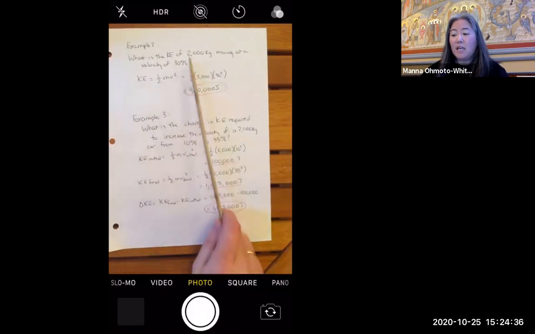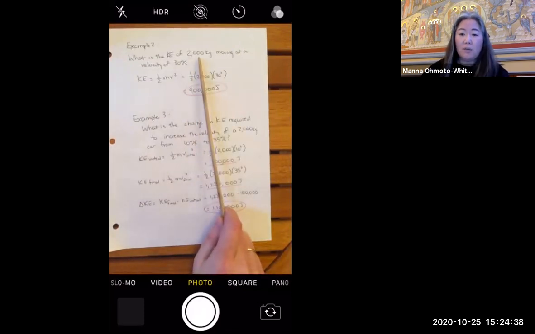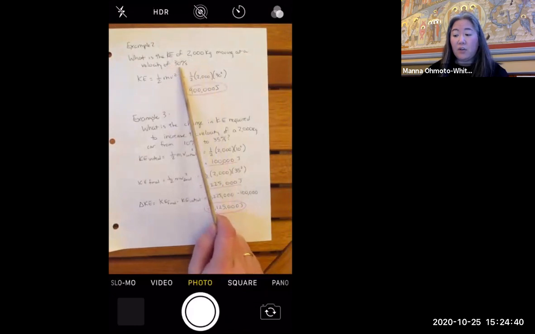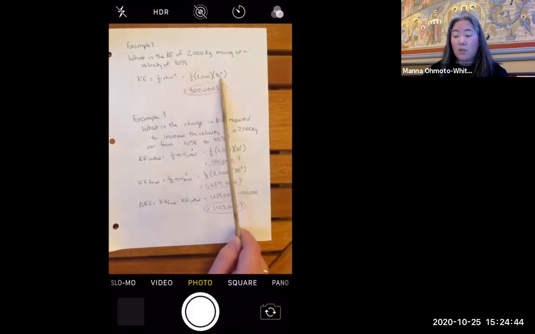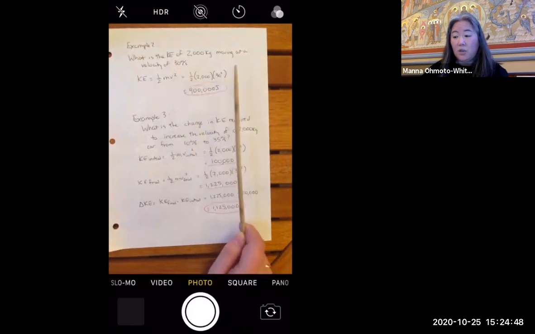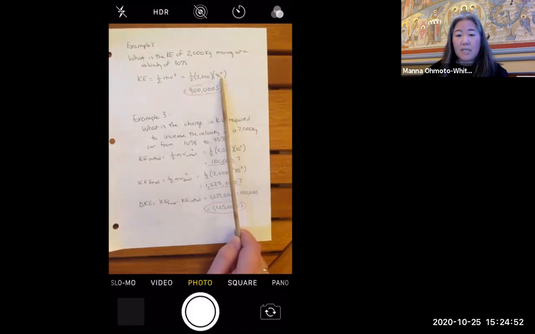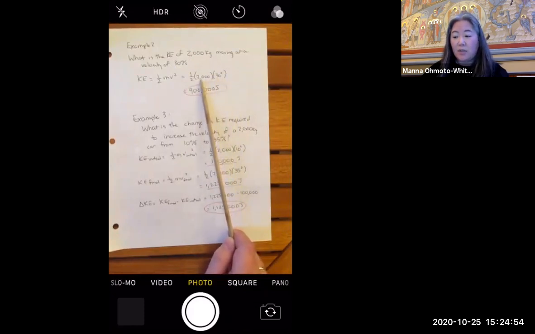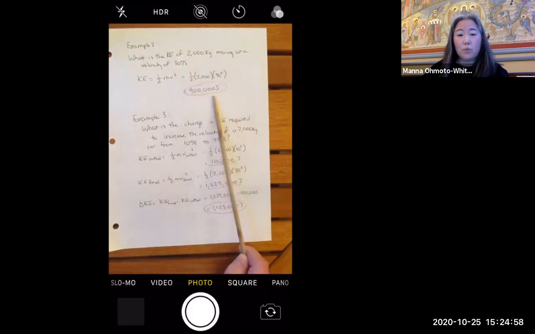What's the kinetic energy of a 2,000 kilogram vehicle moving at a velocity of 30 meters per second? So I plug that into my 1/2 mv squared, and remember that squared only applies to the v. So it always helps to put it in parentheses by itself. So 30 squared is 900, times 2,000, divided by 2, is going to be equal to 900,000 joules, a huge amount.